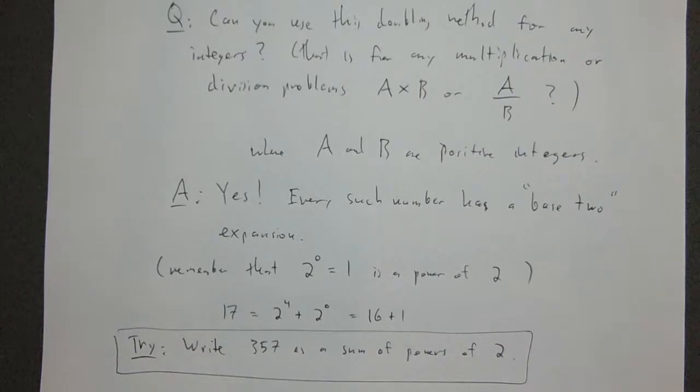And you can do this, as I said, for any number. So this Egyptian doubling method would always work. Now, the problem is that this wouldn't always be the most efficient way to go about it. And the Egyptians recognized this as well.